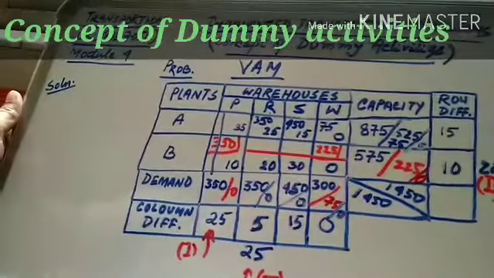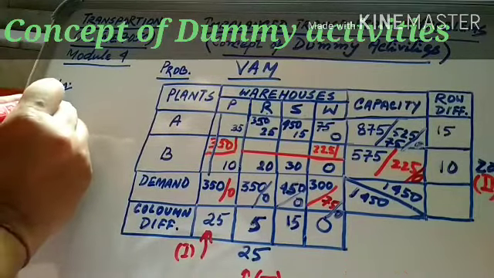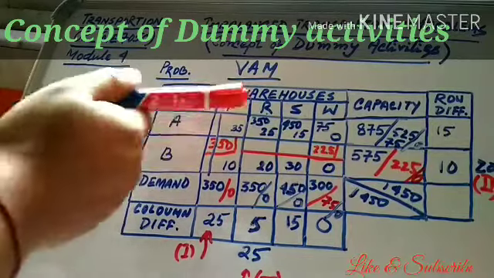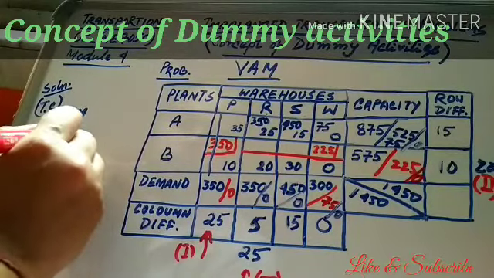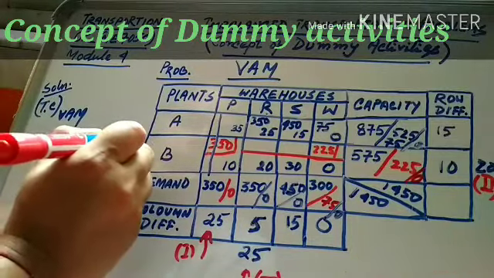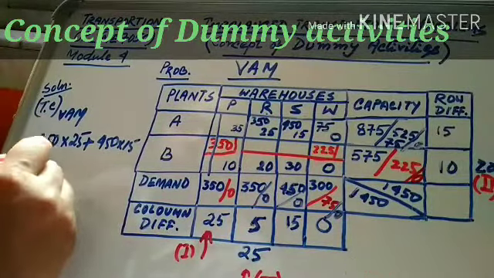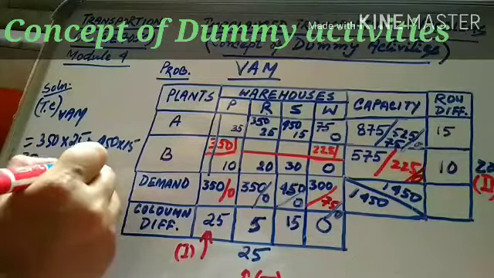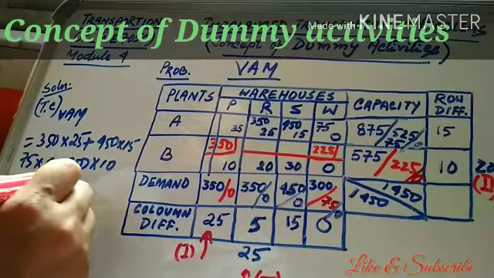Now we just have to calculate the total cost. You all know how to calculate the total cost. So the total cost according to VAM gives you 350 into 25, plus 450 into 15, next comes 75 into 0, 350 into 10, plus 225 into 0.